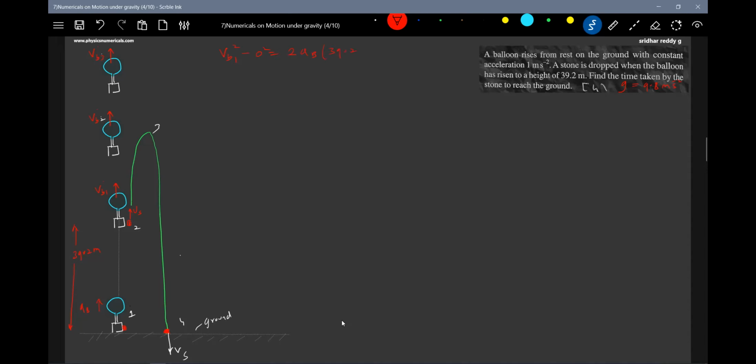It will accelerate from rest. h is 39.2 meters. So 2 times acceleration of balloon 1, h is 39.2. Oh, so many calculations are there. 39.2 into 2 is 78.4, under root of it.